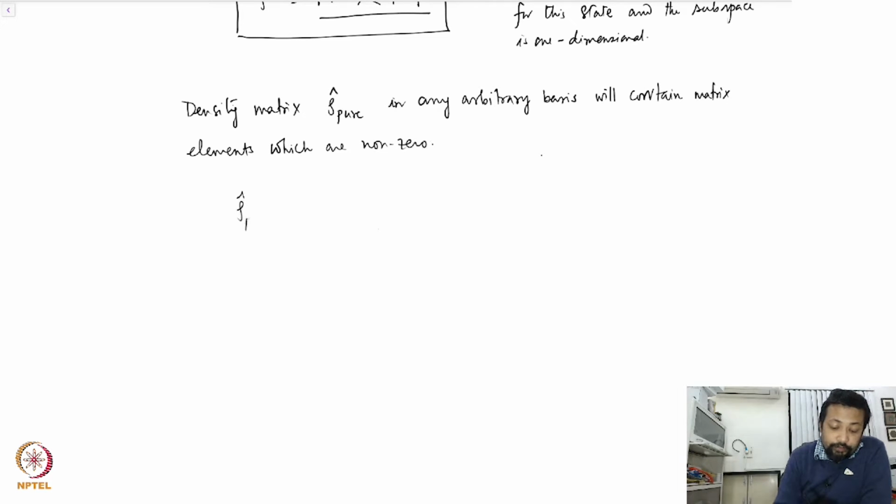So I can write down rho hat pure is equal to the sum over k, k prime of phi k, psi i, psi i, phi k prime, phi of k prime.